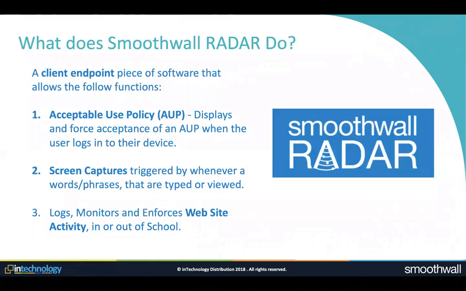The key feature of what Smoothwall Radar does is it has the ability to take screen captures. It has the ability to trigger on certain keyword textual analysis that a safeguarding event might be going on and that we want to actually take some evidence about that. Let me say that again, because this is the key thing which Smoothwall Radar does.